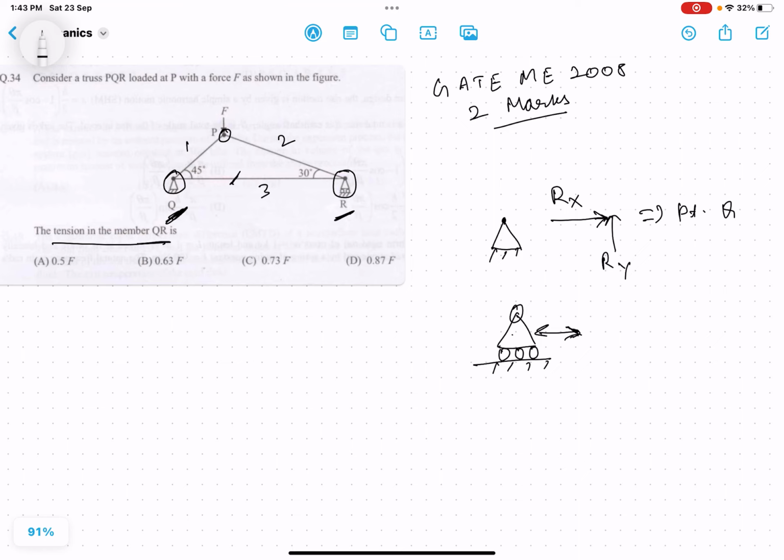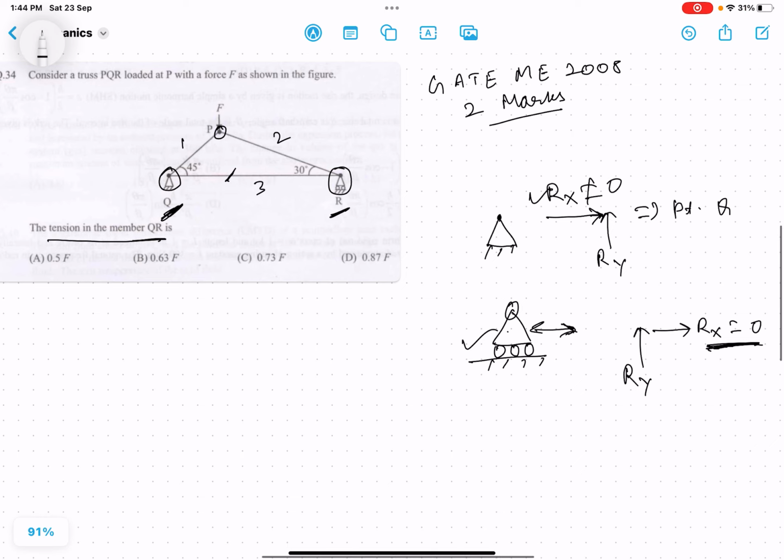In this case there will be only a reaction in the vertical direction. So here it will be only Ry, and Rx will always equal 0. So this is the difference. Rx will always equal 0 for the roller joint, and Rx will not equal 0 for the pin joint.